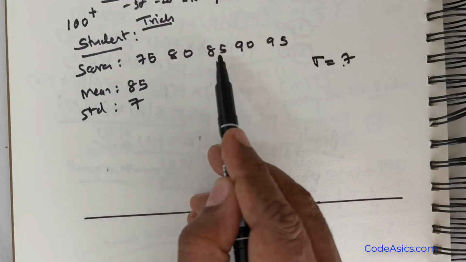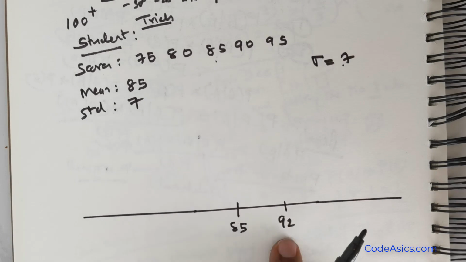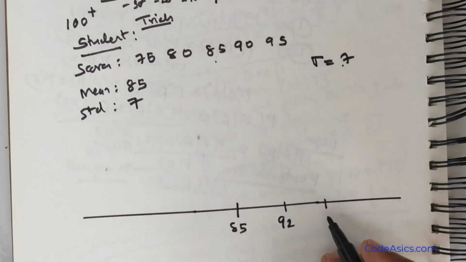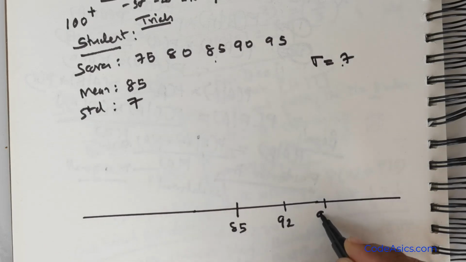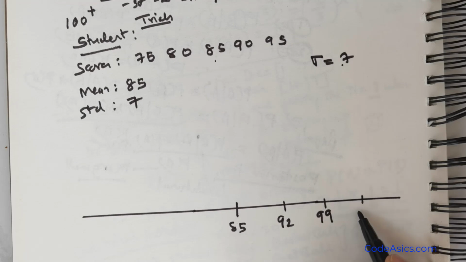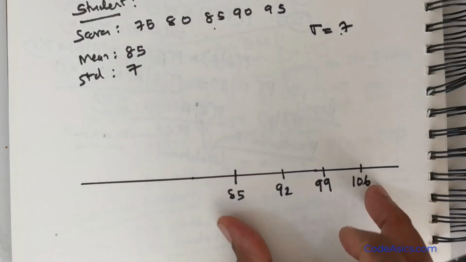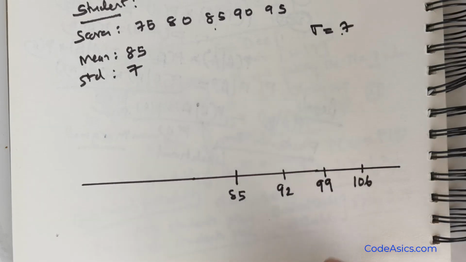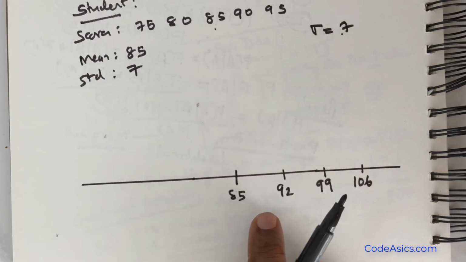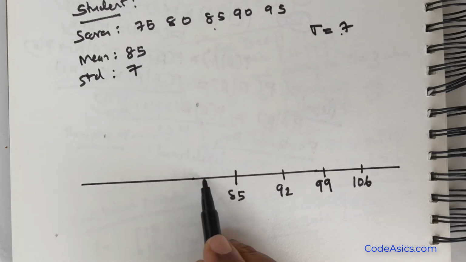Take the 7, add it to 85. What do you get? You get 92, and this is 1 sigma. Then add another 7, so that's 2 sigma, which is 99. Add 7 again, that gives you 106. So this distance you see here is 3 sigma. This value is located 3 times the standard deviation from the mean. That's the understanding you need to have.